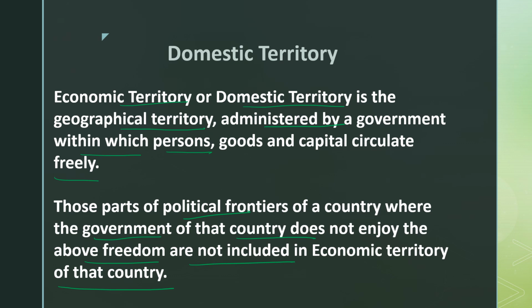Where the government does not have complete freedom to control the above things, that territory is not domestic territory of the country. So the main thing is where persons, goods and capital can easily circulate and that area is administered by the government. That territory is known as domestic territory.